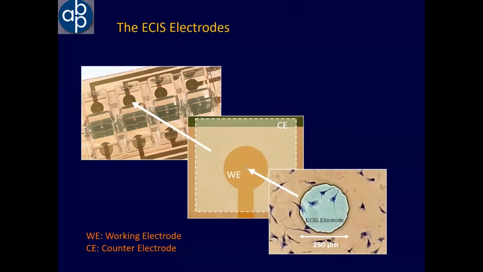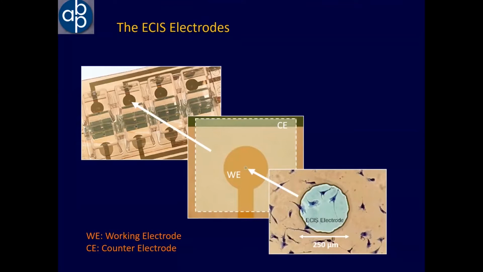To do that, we have a counter electrode, which in this case is very large and is labeled CE in the middle panel. But the impedance will go inversely with the area, and so the counter electrode has a very low impedance, and almost all of the measurement will be of the small electrode, which can hold from a single cell up to maybe 50 to 100 cells in a confluent layer.